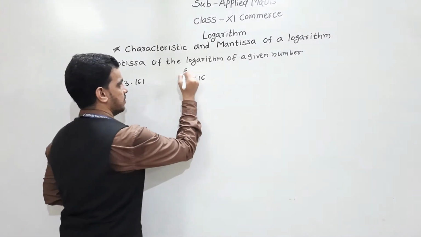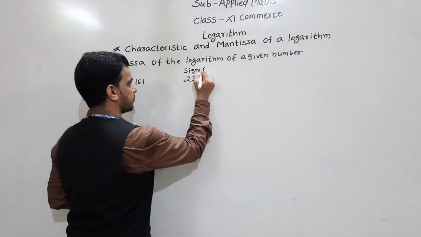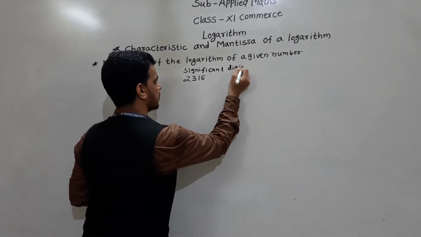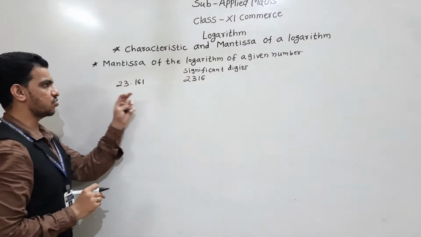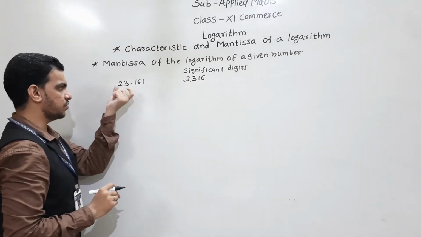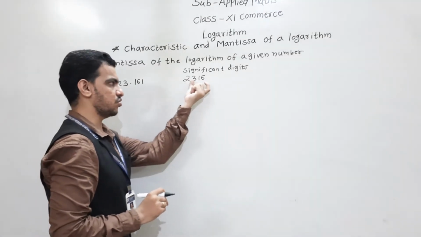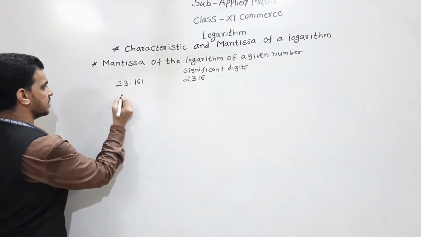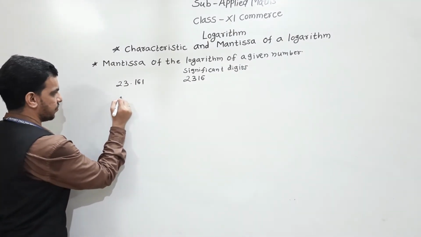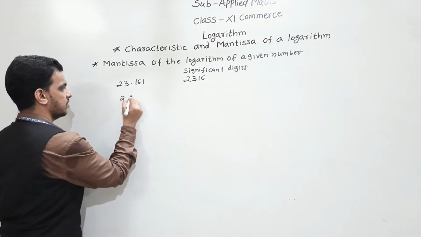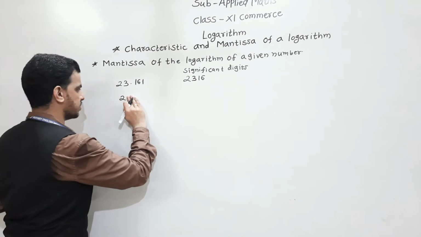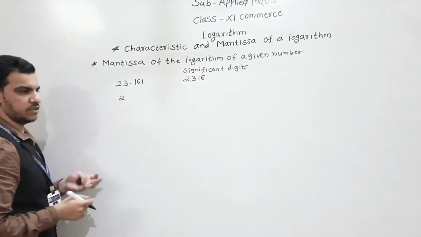Significant digits. For 23.161, we have to consider the first four non-zero digits, that is 2316. Suppose the number is like this, 2.0, or only 2 is there.